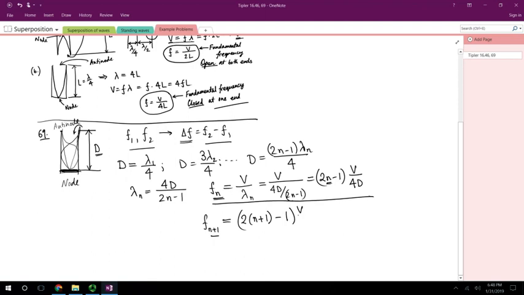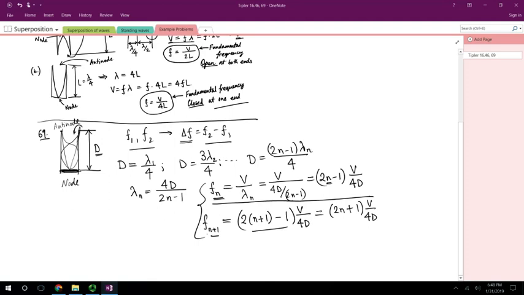I can simplify the parentheses, and this turns out to be (2n plus 2 minus 1), which is (2n plus 1) times v over 4d. Okay, so these are two consecutive harmonic frequencies for the closed pipe.